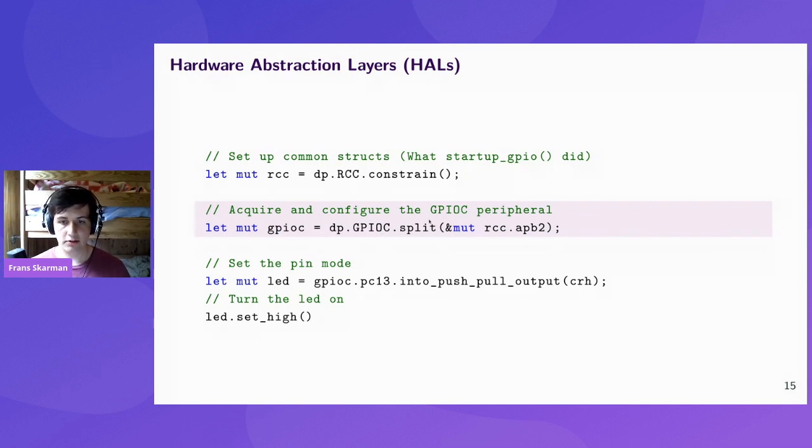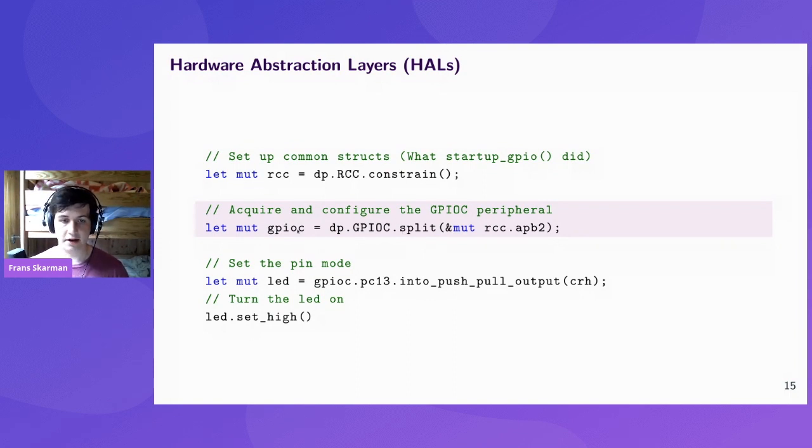In the STM32 HAL, or F1 HAL, that's called split because it does a bunch of other things than just turning on the GPIO peripheral. But the key thing here is that we have to pass this RCC register to the split function. And if we don't have access to that RCC register, that means we haven't started up the RCC peripheral, and that means our code would misbehave at runtime, but we get told that at compile time here.